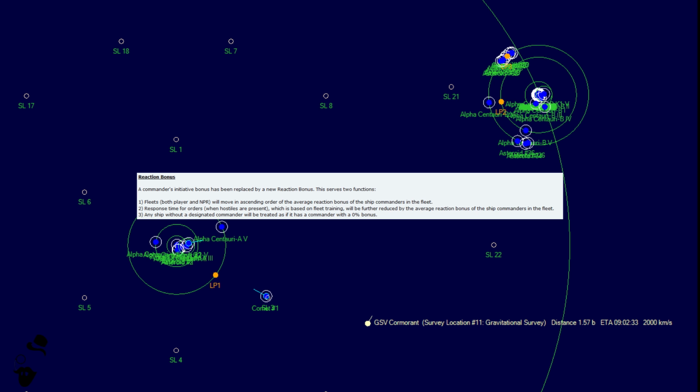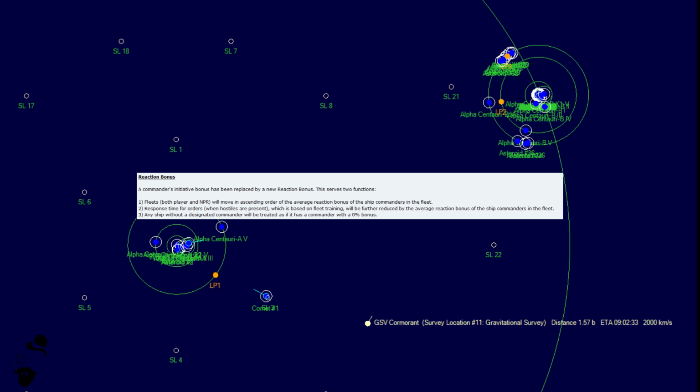And having a bunch of commanders with no initiative bonus, or in this case reaction bonus, is going to drag your reaction down. And also importantly, it means you're going to want to have commanders designated on ships, because even if you don't have enough commanders, it's still going to drag you down because they're going to be considered a 0% bonus.